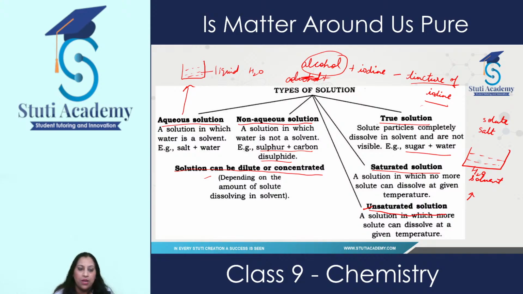If we are talking about dilute, in dilute, the percentage of solvent is more, while the percentage of solute is less. So this kind of solution is known as a dilute solution.